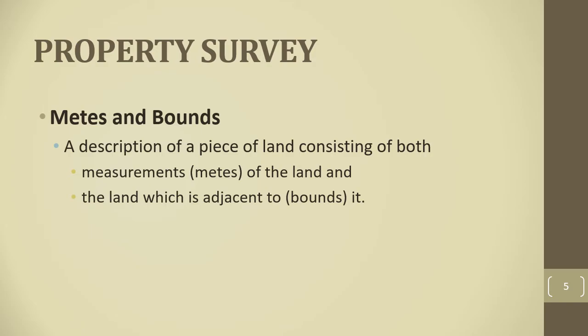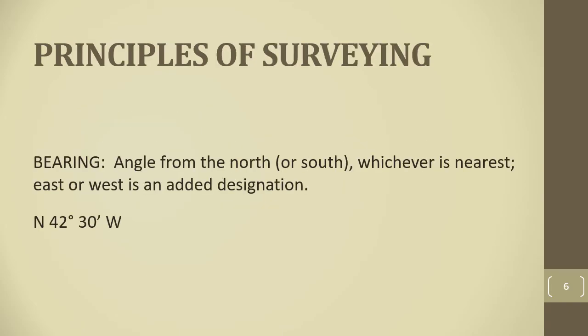It's defined by a distance between 2 points and an orientation or a direction. The bounds is a more general boundary description, such as along a certain water course or the center line of a street. And that direction of the mete is usually defined by a bearing.